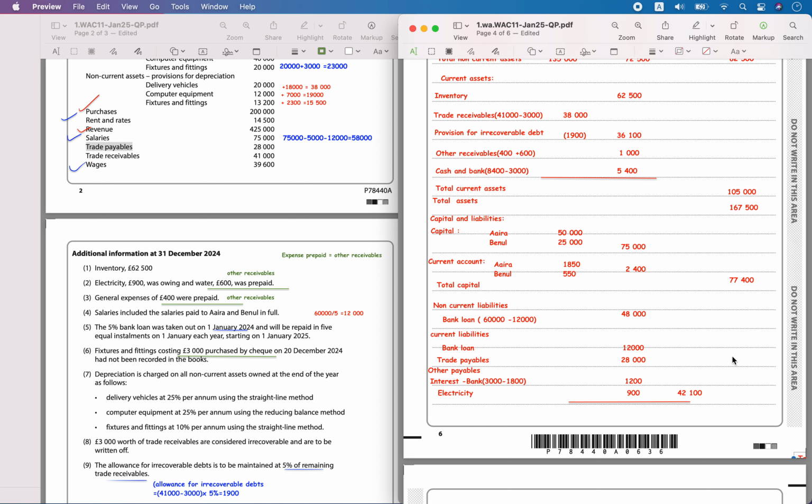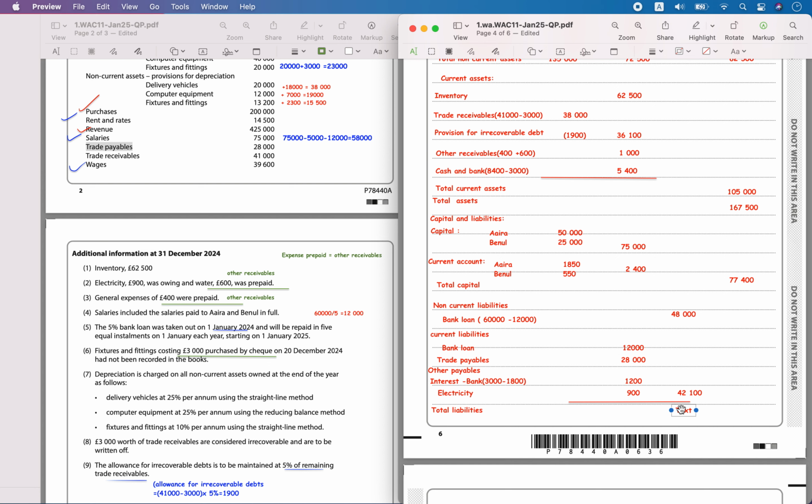So the total liabilities were 48,000 plus 42,100.